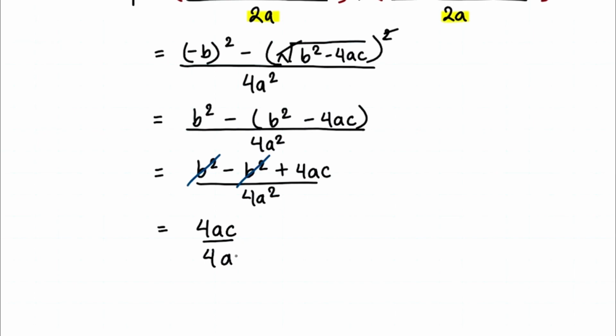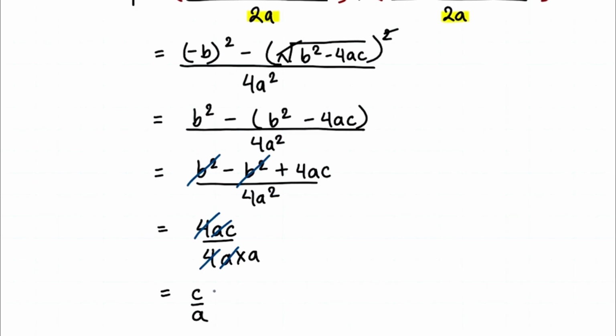So a square can be written as a times a, and again we can cut this 4 and 4 and a, and we get our answer as c by a. And that's what we assumed initially, right? The product of the roots of a quadratic equation is c divided by a. And that's how these formulas were formed.